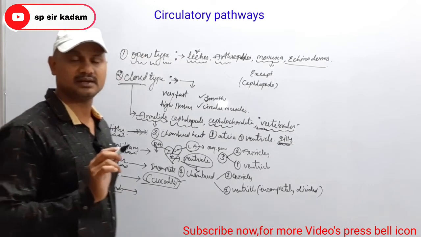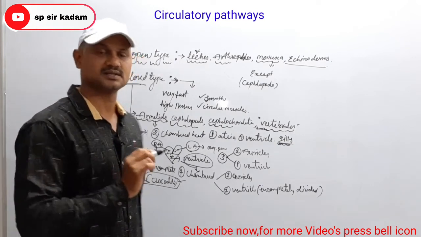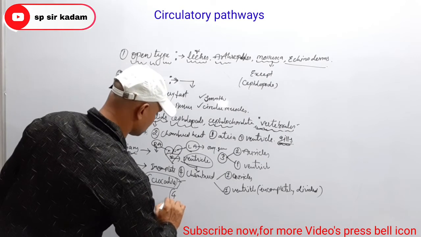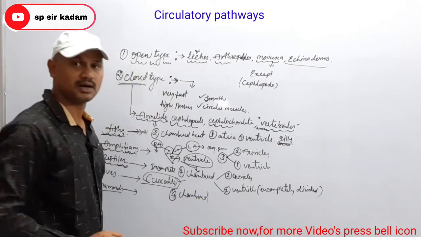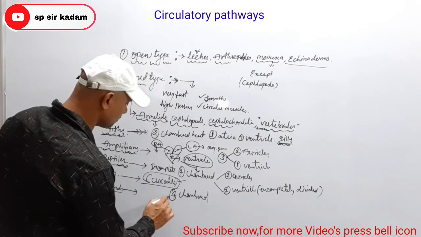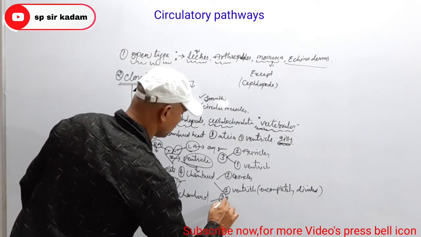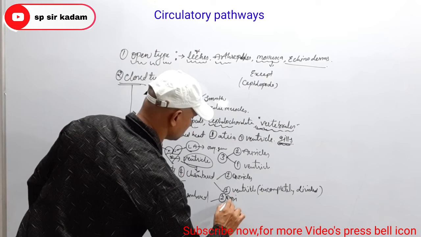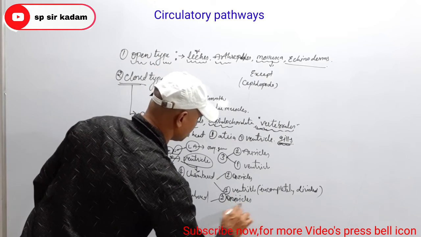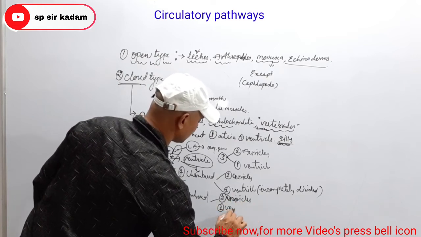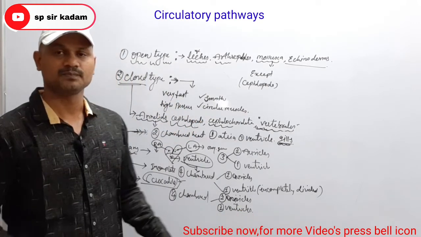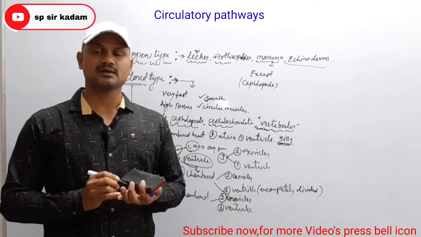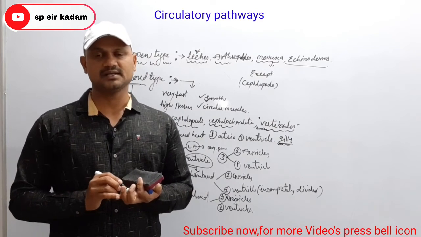In crocodile, aves and mammals, the heart is completely four-chambered. What are the four chambers here? Two auricles and two ventricles. The auricles are completely separated and the ventricles are completely separated.